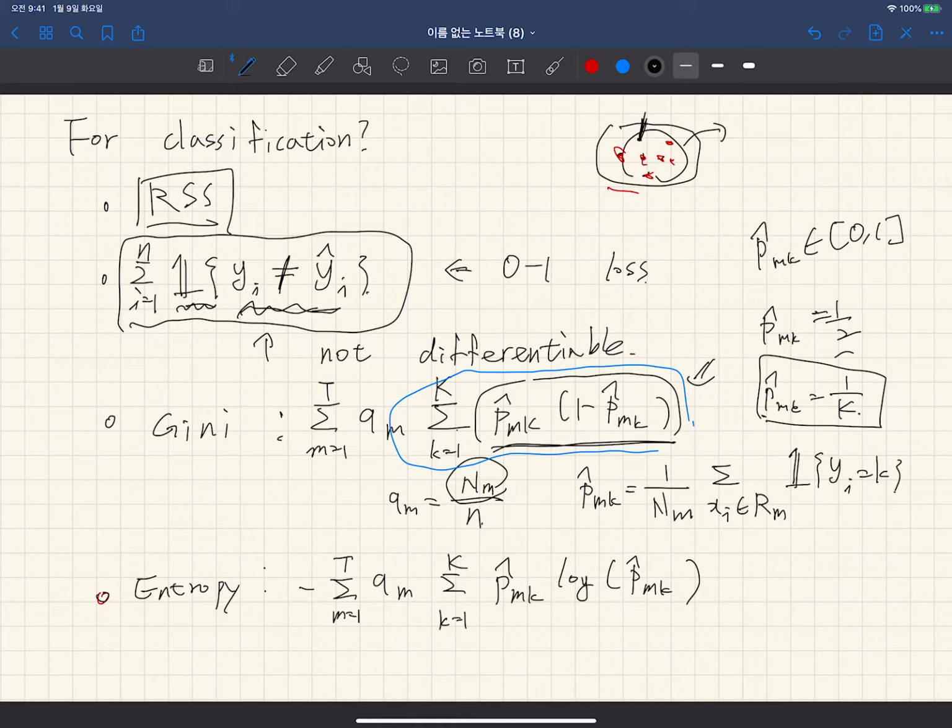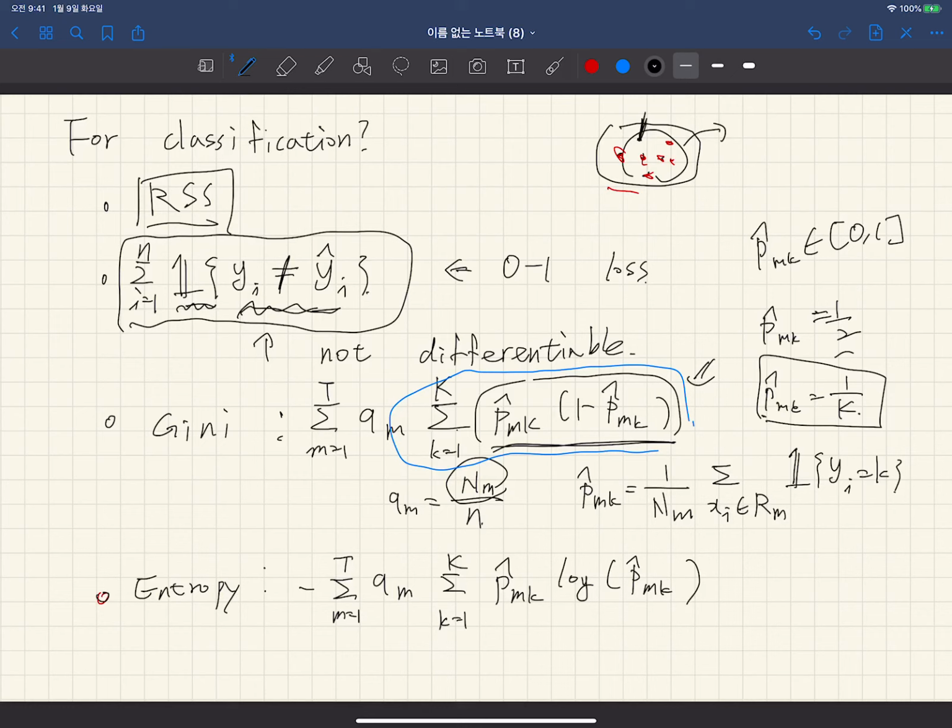So again, when the labels in one area are very spread out, not concentrated on one particular label, then with any choice of your decision or representative data point, you cannot make a good decision. So the current quality of the decision tree is pretty bad.